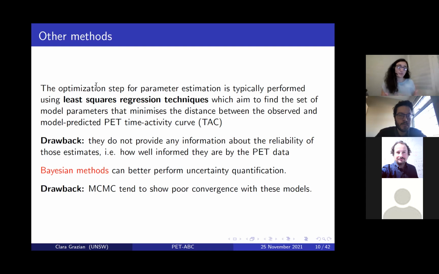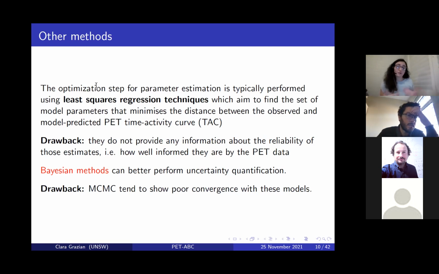And in some cases they may tend to overfit and to follow too much the data. But as I will show in a moment, the quality of the time activity curves, the information coming from the time activity curves, may be very variable depending on the quality of the image. And so there could be a lot of noise, and it is good to have a procedure which is robust enough to allow for those levels of noise.